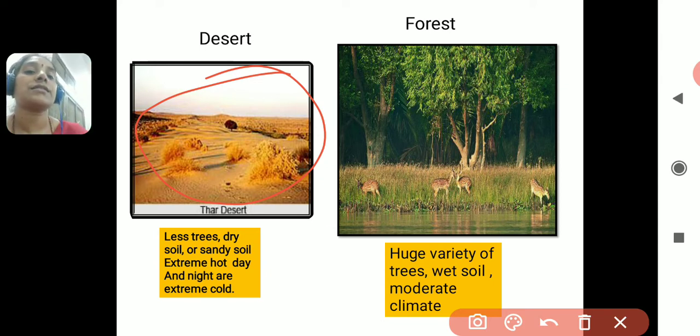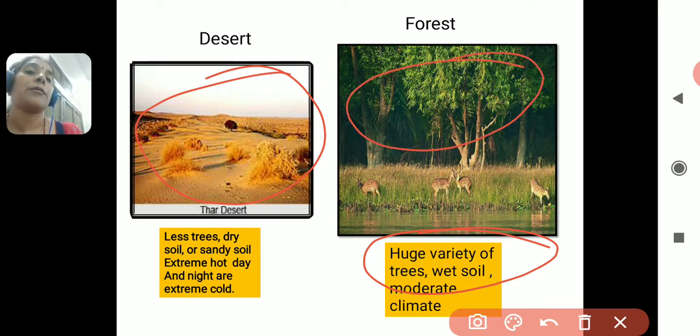As you know, students, if we compare the forest and deserts, in the forest there is a huge variety of trees, soil quality is wet, climate is moderate. And if we talk about the climatic condition of the desert, in the forest there is a huge variety of trees, but in the desert there are very few trees, students, or no trees.